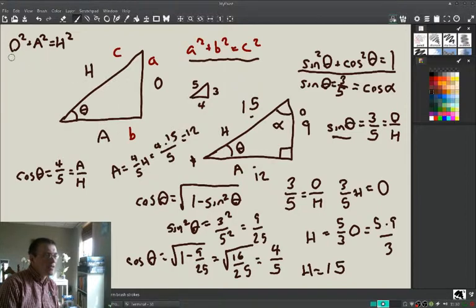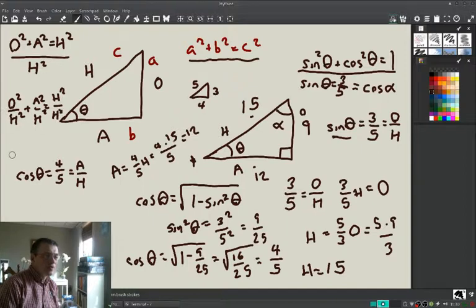What if we divide everything by h squared? We do it to both sides, so it doesn't change anything. We have O squared over h squared plus a squared over h squared equals h squared over h squared.